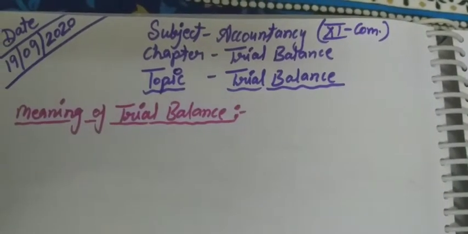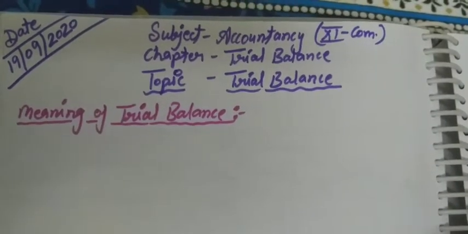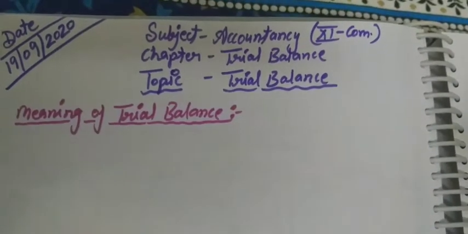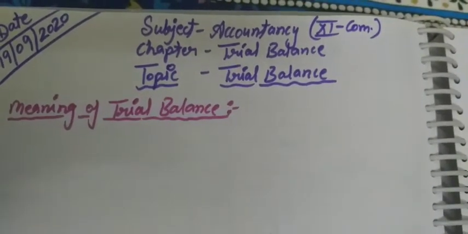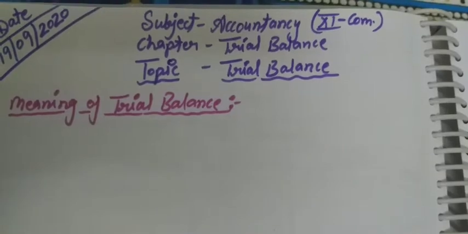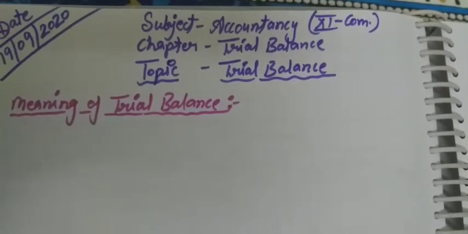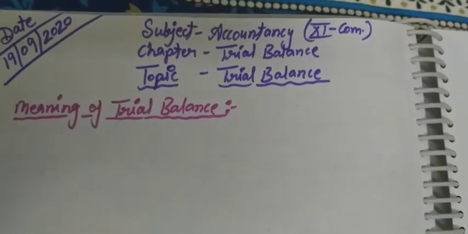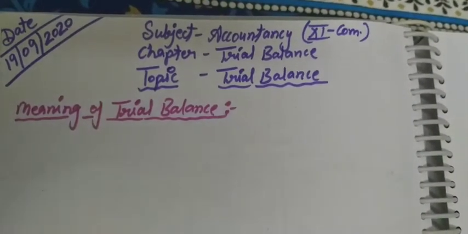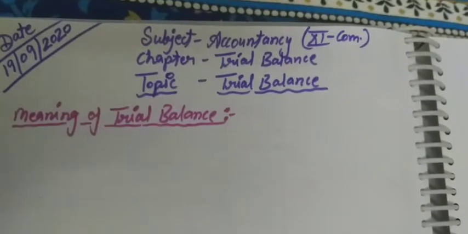Students, why are we learning chapter number 13 after chapter number 9? Because it is a particular process. First we record the transaction, then we record the journal entry, then the ledger, and whatever balances are in the ledger will be transferred to a trial balance.